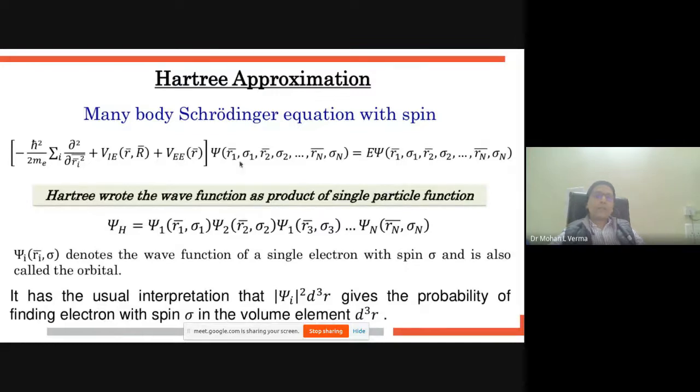So this is the equation, and here the solution given by Hartree is the multiplication of different wave functions, psi1, psi2, psi3, and so on. This is a function of position as well as spin, and the probability density term, psi i squared, is also used to interpret the charge density.